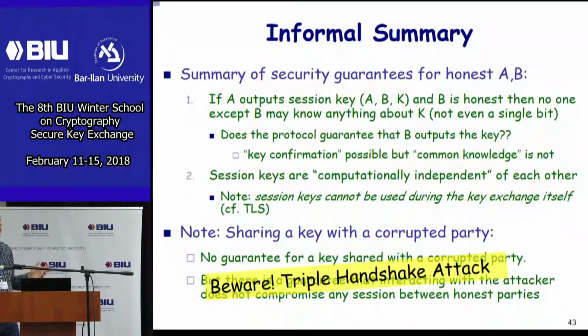Now, who is to blame? Us or them? Of course them, right? We did the right thing. They did the wrong thing. The problem comes from the fact that in TLS, or in some derivatives of TLS, they decided to use the value of the session key as some kind of an identifier of sessions. Now, we assume that sessions of an honest party have to be unique.